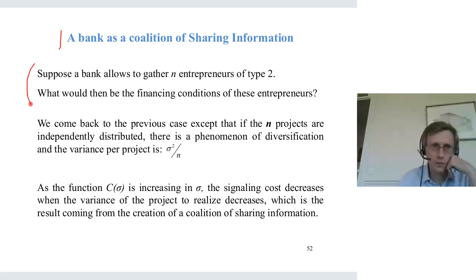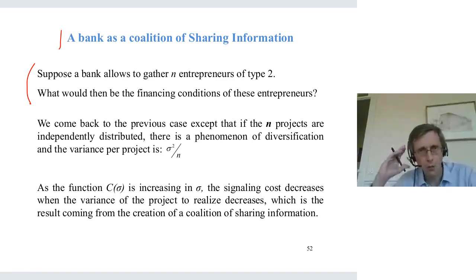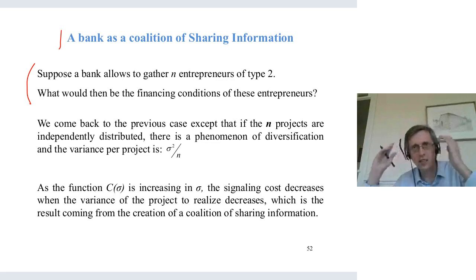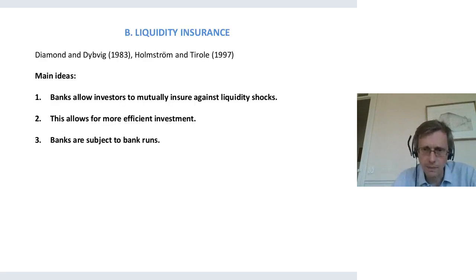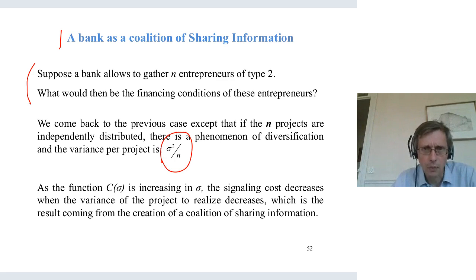So consider that a bank pools together n entrepreneurs of type 2. What would then be the financing condition of these entrepreneurs? And in that case, what is to be understood is a phenomenon of diversification. So let me talk a little bit more about this.